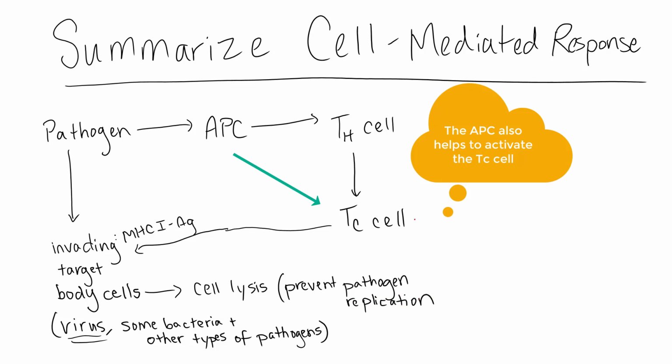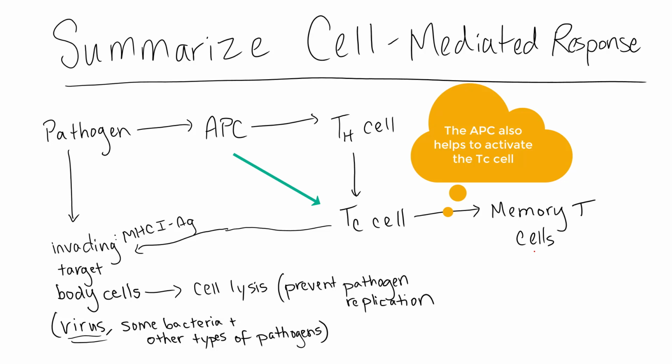Then some of these cytotoxic T cells will differentiate into memory T cells. We have far more copies of these memory T cells, and they are going to patrol the body.